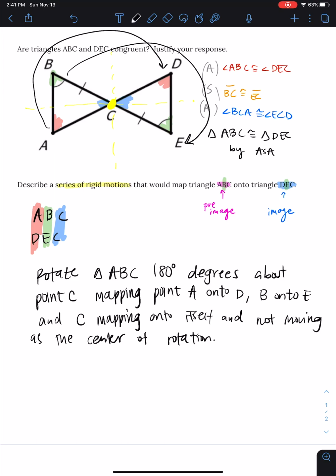You're now able to say that the two triangles are congruent because we know a rotation is a rigid motion. So that is another way that we could have answered the first question.